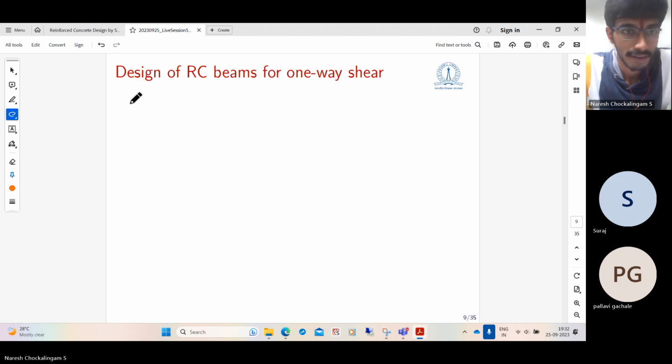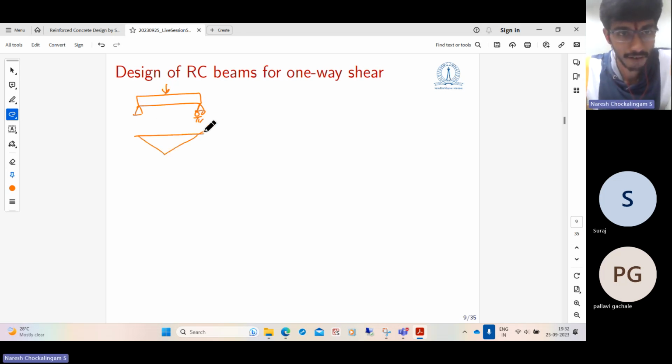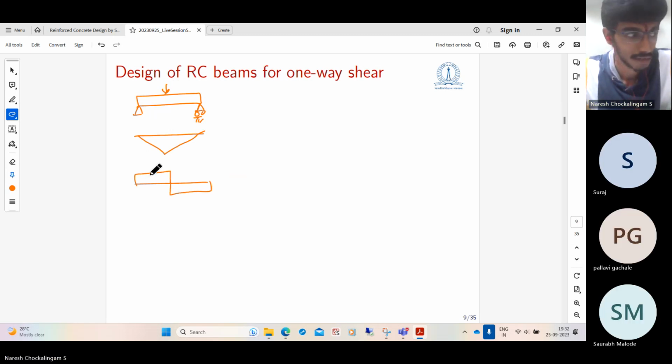We know that when we have a beam subjected to some forces, we have the bending moment like this, and we also have the shear force something like this, depending on the loading condition. So this shear tries to deform an element of the beam like this.